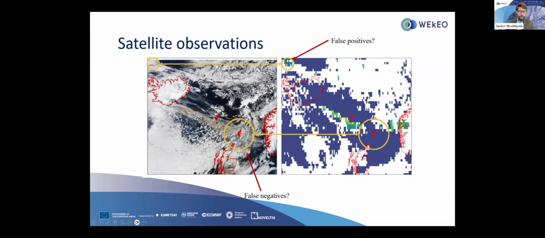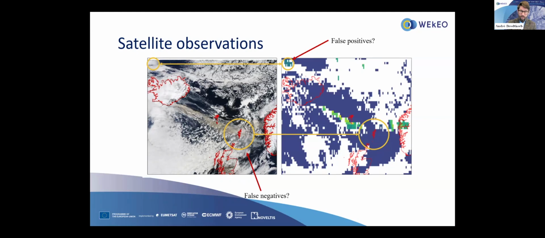Now we want to detect sort of a temperature difference here and say that, well, we think that this brown cloud here is volcanic ash. The problem is that up in the left-hand corner here, for example, this is not volcanic ash. But according to the instrument, it has a signature which looks a lot like volcanic ash. So we do get some so-called false positives, which tell us that there may be volcanic ash there in terms of our measurements.